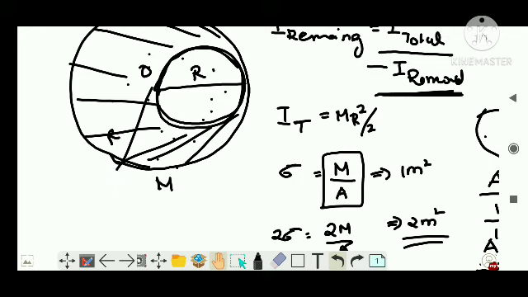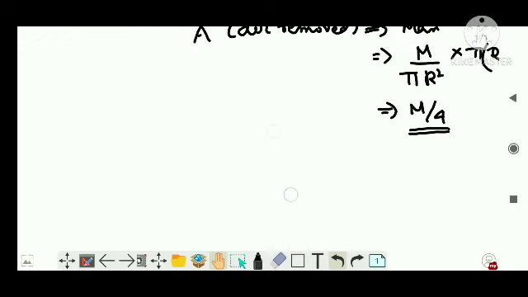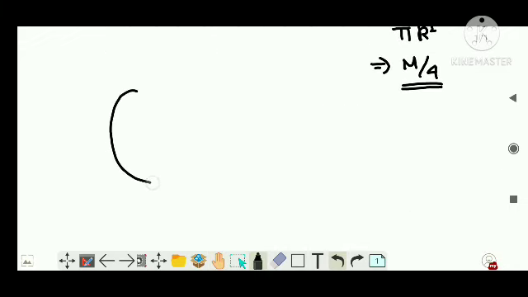Clear? So that will be its mass into what is its radius? If I consider this as a separate entity, I want to find the moment of inertia about a tangent, right?